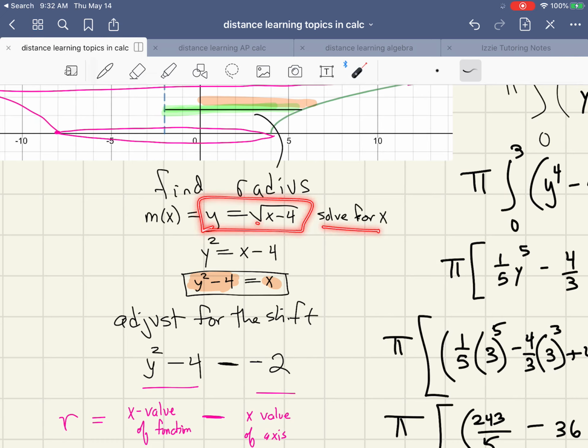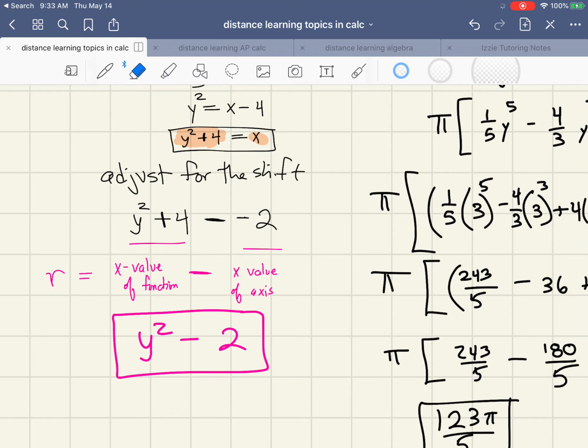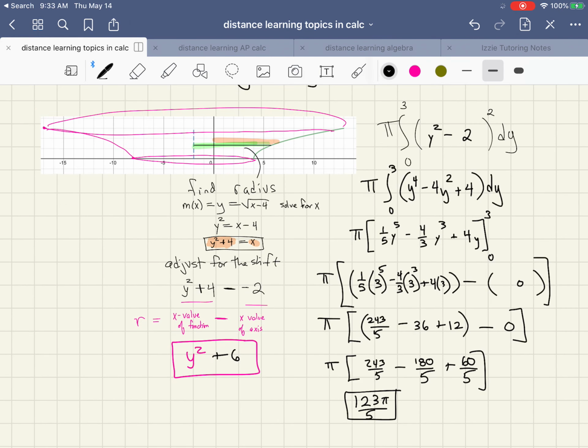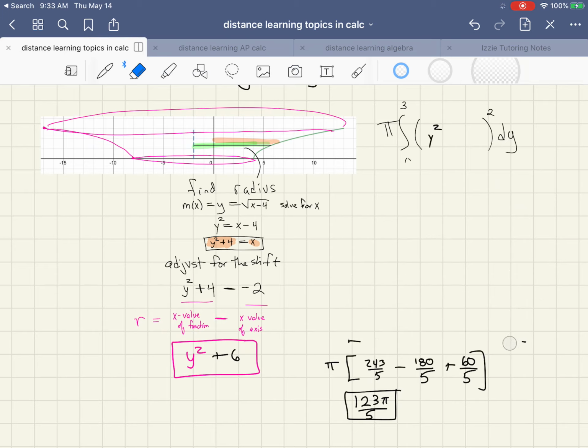I'm going to solve for x, which means I square both sides, and then, oh, I messed up here. Then we have to add 4. And all of that work is going to be for naught, so I'm glad I caught that. We're going to adjust this. All of that's going away. That's too bad. No worries.